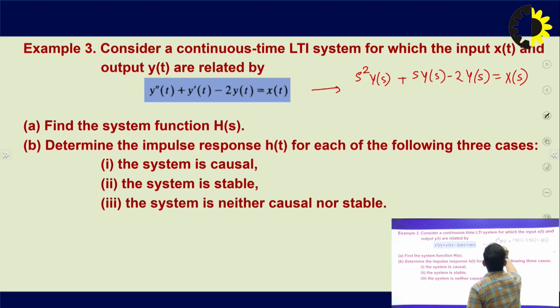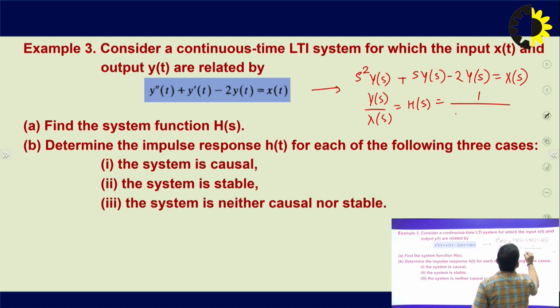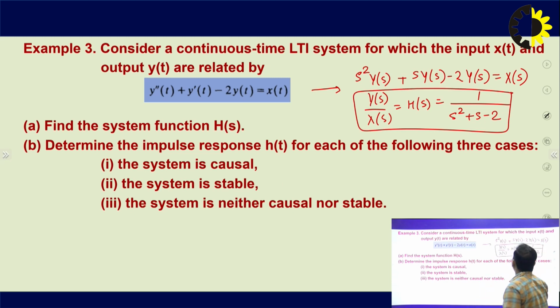By taking Y(s) common from the left hand side, I can have Y(s) by X(s) equals H(s), which is nothing but 1 by s squared plus s minus 2. With the help of this, we have the first part, the system function or the transfer function.